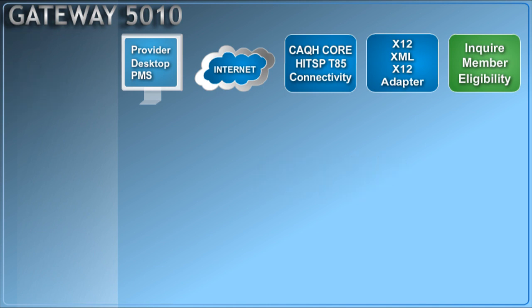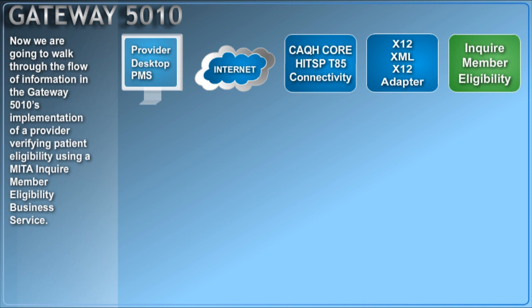So the goal was to reach out into the healthcare community, identify other relevant initiatives that were occurring in the exchange of information between a provider and a payer, and make them a part of the Gateway 5010 project.